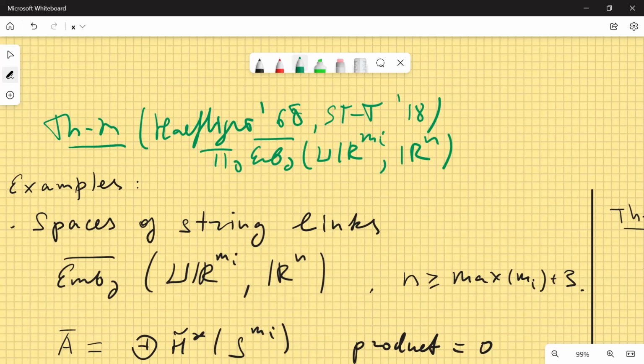So this is going to be a group due to Haefliger, and it's a finitely generated abelian group. And when we tensor it with rational numbers, we get that this group is exactly the degree 0 homology of our hairy graph complex.